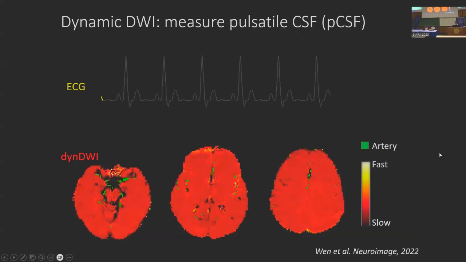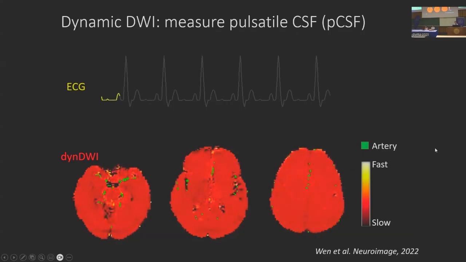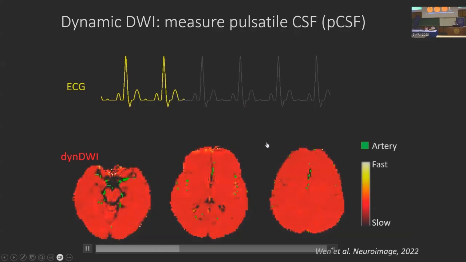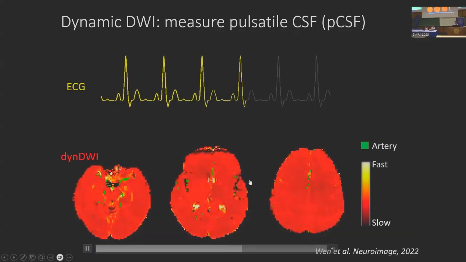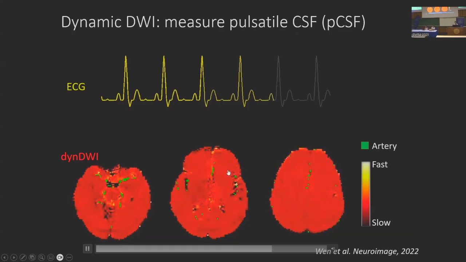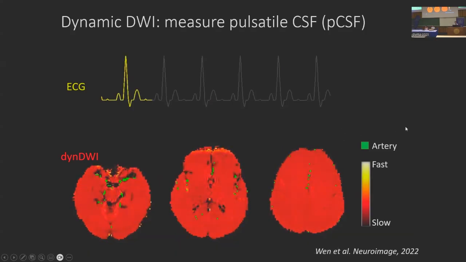We use a technique developed by the first author, Qiuting Wen, a dynamic diffusion weighted imaging, which can measure the pulsatile CSF. We can see the artery labeled in green and the brain parenchyma in red. It shows how the pulsation looks in different structures.